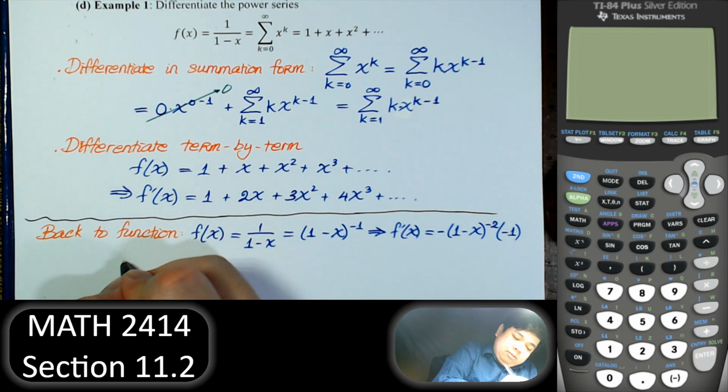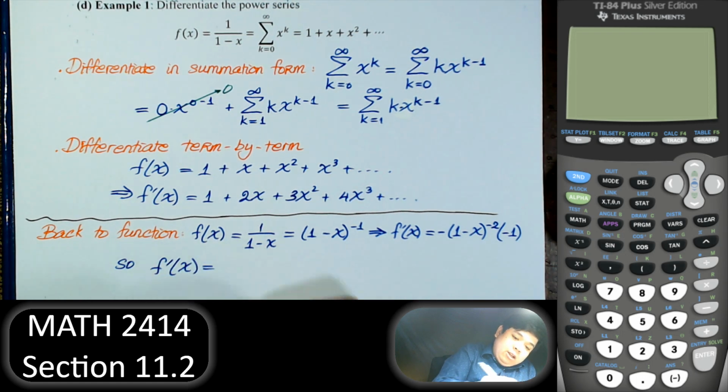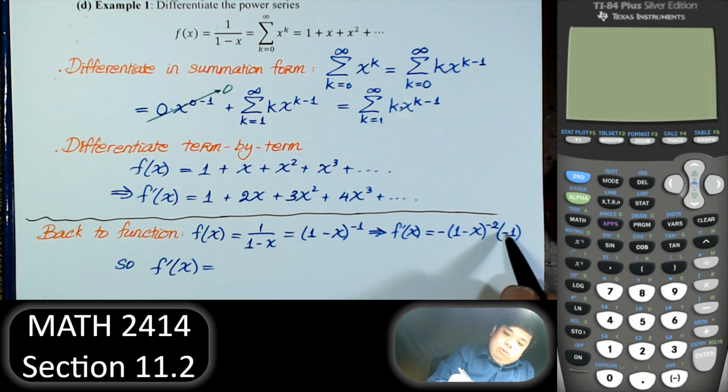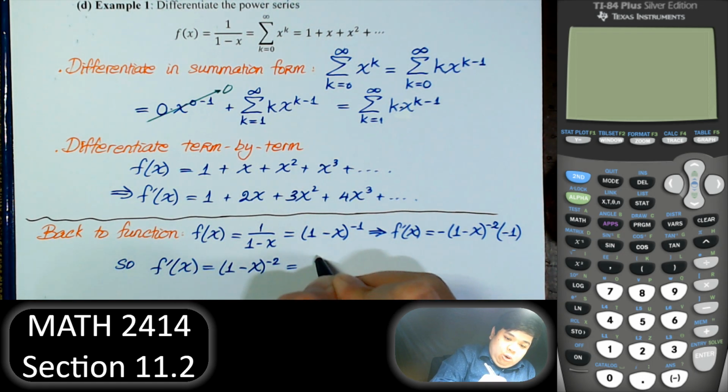Clean that up. The derivative is equal to negative times negative 1, so (1 minus x) to the negative 2, or 1 over (1 minus x) squared.